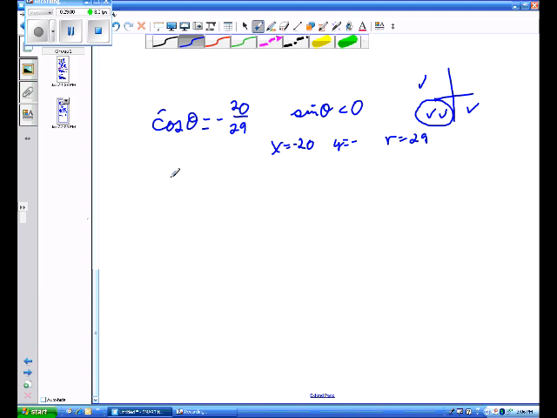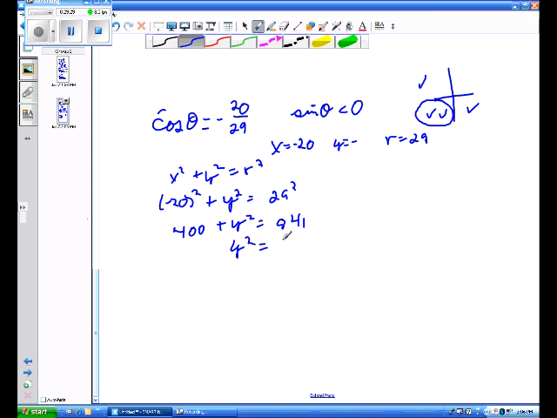Well, x squared plus y squared equals r squared. X squared is negative 20 squared, y squared we don't know, r squared is 29 squared. So we have 400 plus y squared is equal to 841.